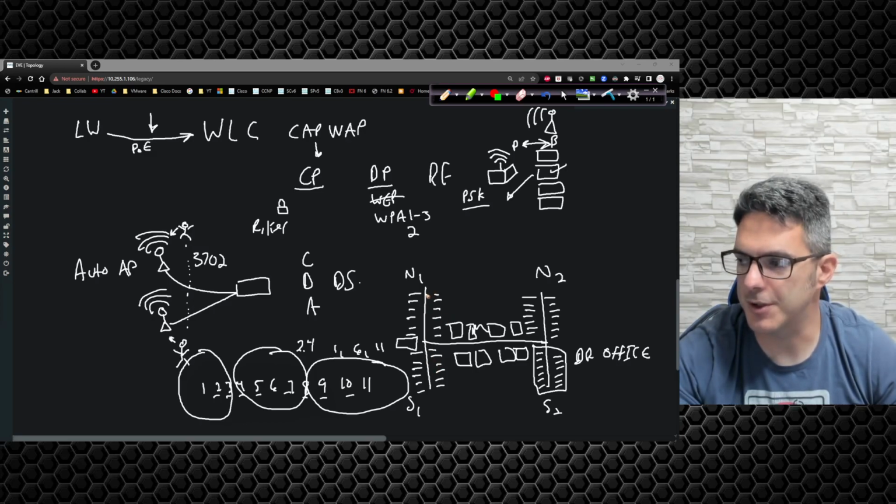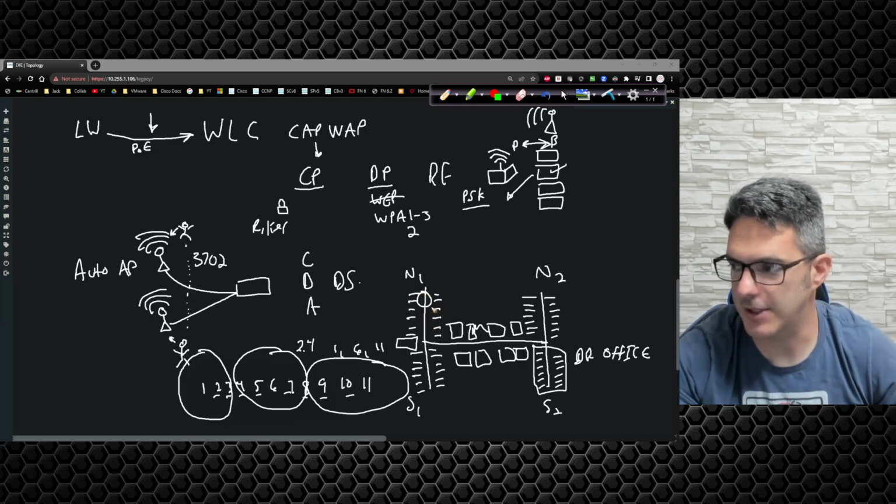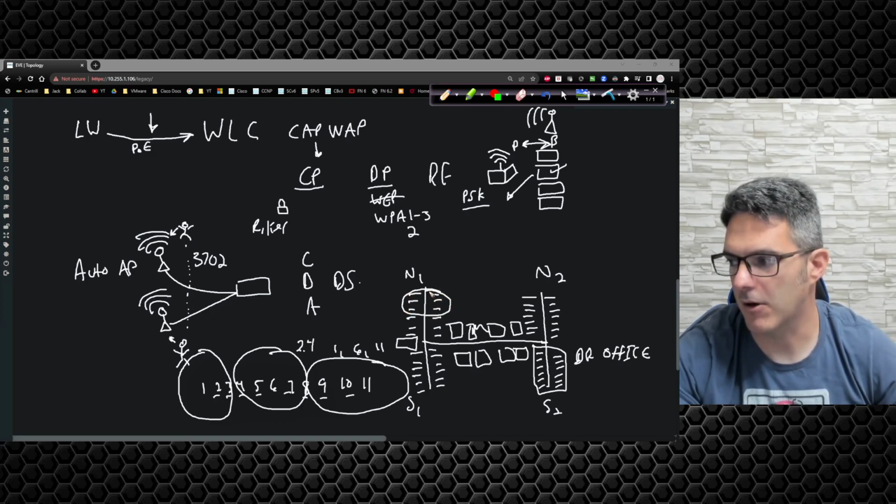What you would do is start deploying access points. The idea here is that the APs' coverage area should be big enough to cover a few rooms.